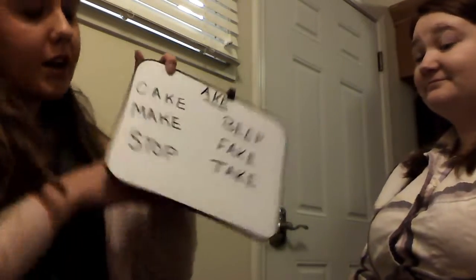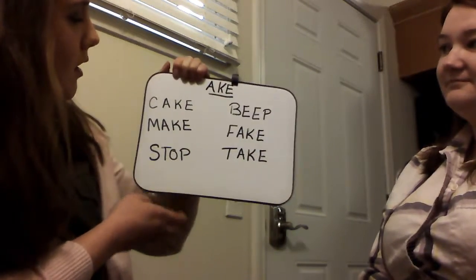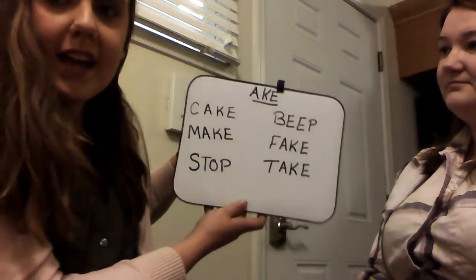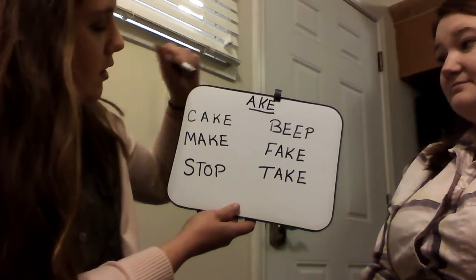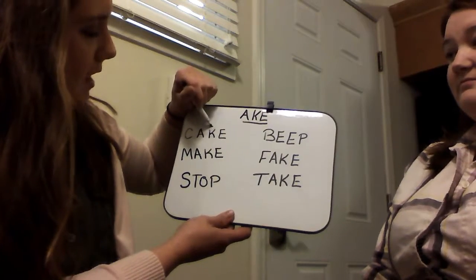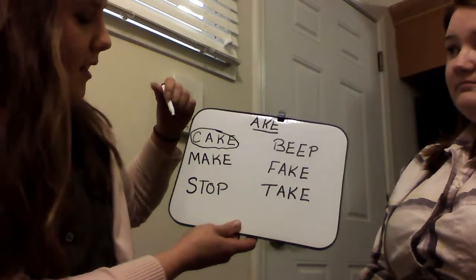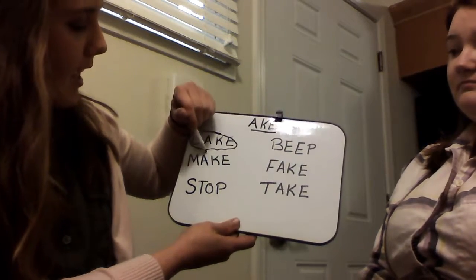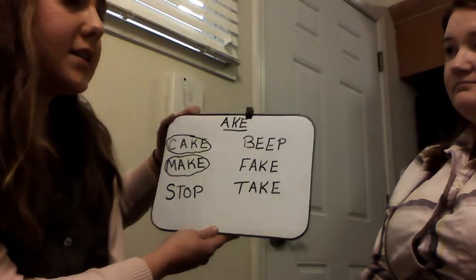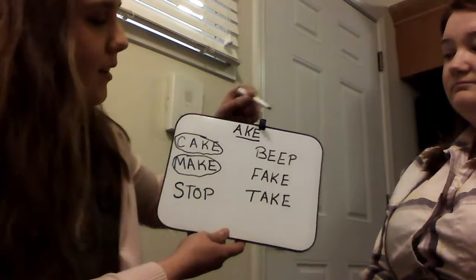In our example, we have a lot of different words on the board. I'm going to go through and circle the words that have the ache sound in it. Cake, cake, ache. That has the AKE sound. Make, make. That has the AKE sound. Stop. Stop doesn't sound like AKE, so I'm going to move on to the next word.